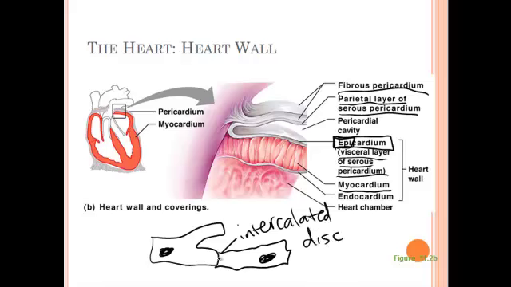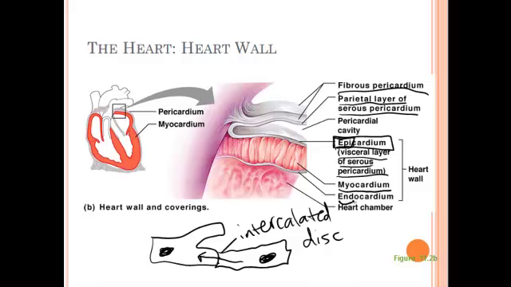But in the walls here, where the two cells come together, we have what are called gap junctions. These are protein junctions that hold the cells together but allow for movement between the cells. So the cardiac muscles are all able to contract at the same time because they're able to communicate with each other through these gap junctions.